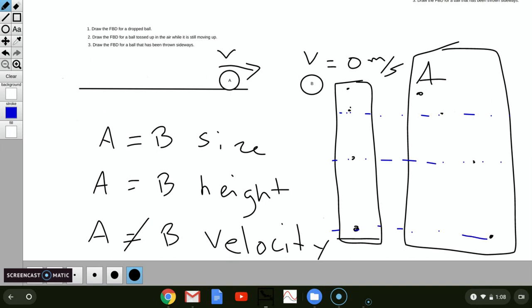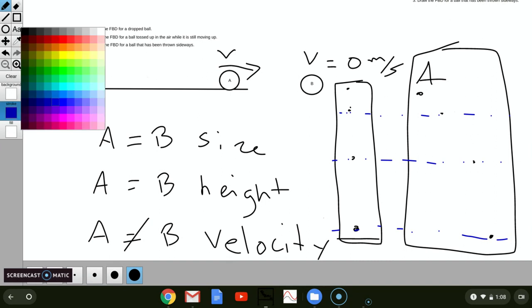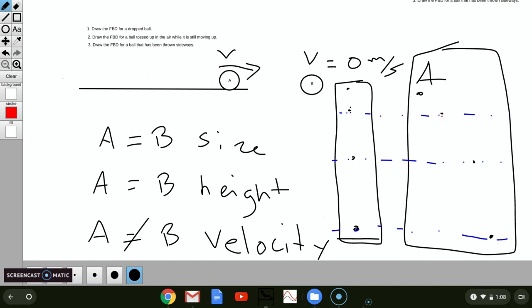So every second, they fall the same amount. Now, change it again to red. For object A, every second, you notice they go the same distance. That's supposed to be the same distance, all right, between each one.